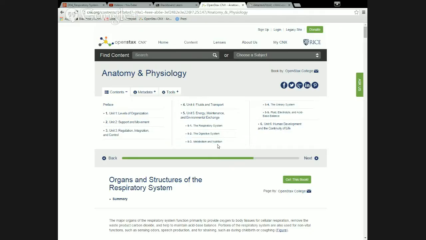So the metabolism and nutrition chapter and the fluid balance chapter are extensions of what the digestive or urinary system are covering, but going into other details about it. We're not going to do those chapters specifically.